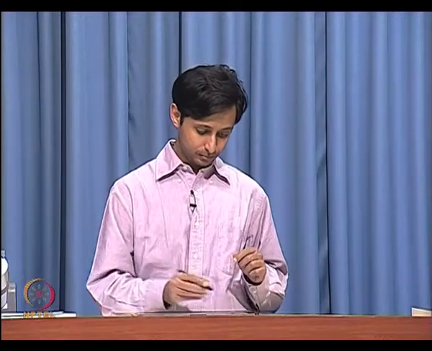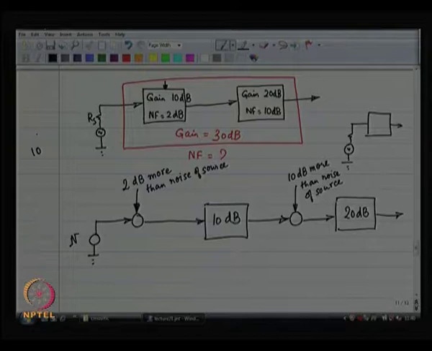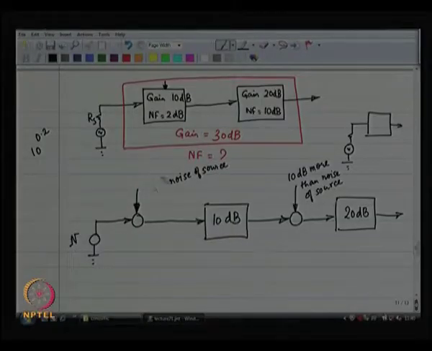So, you have to divide by 10. So, 10 to the power 0.2. Any ideas how much this is? This will be about a factor of 1.5. Every dB is a factor of 1.25 or so.